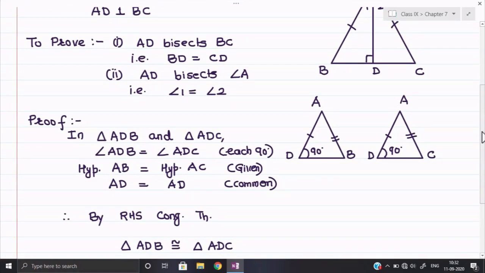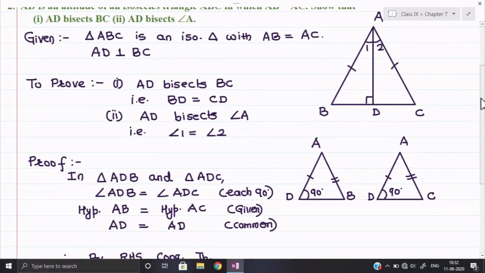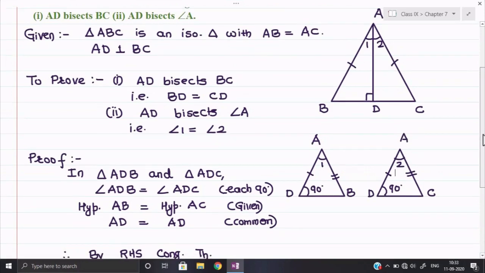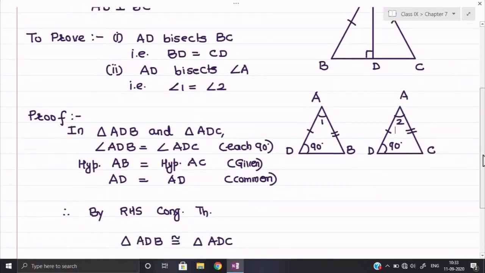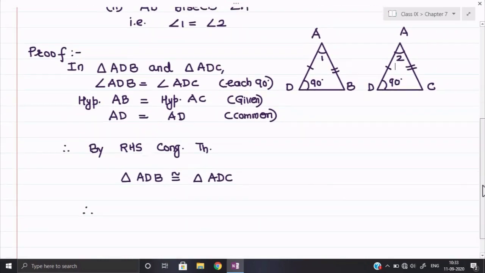Second, we required angle 1 equal to angle 2. Who are angle 1 and 2? Angle 1 is BAD, so this is my angle number 1, and CAD, this is my angle number 2. Since the triangles are congruent and angles 1 and 2 are corresponding angles, they will be equal. And if they are equal, we can say that the second part is also over.